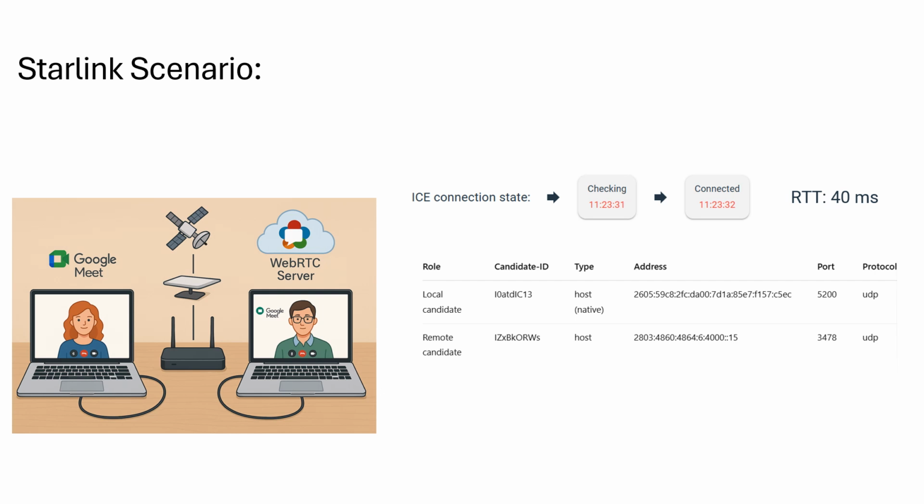And the average RTT between this candidate pair is around 40 milliseconds, and you can see the local and remote candidate use IP version 6, and the type of candidate is host, and they use UDP for the connection.